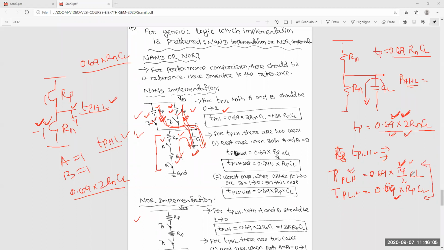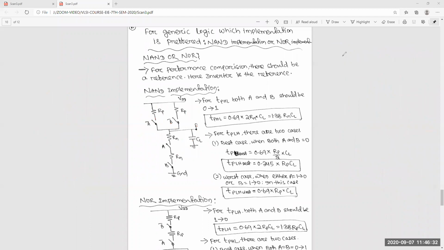The best case is half of the worst case. So the worst case delay of NAND gate is this TPHL, and the worst case delay of TPLH is this. Got the point?